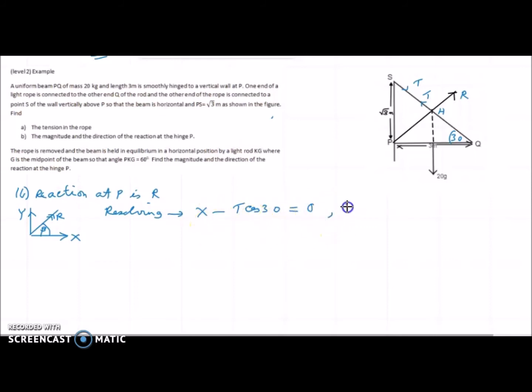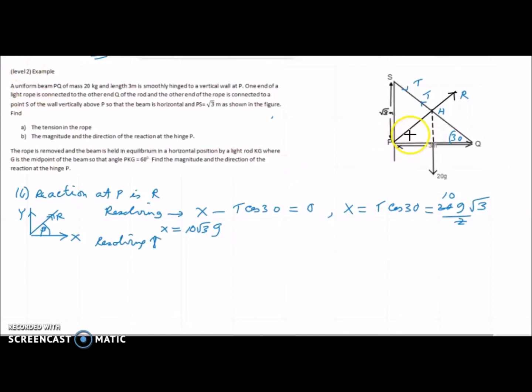So X equals T cos 30. But T equals 20g. What is cos 30? That is root 3 over 2. That is 10g root 3. So X equals 10 root 3 g.